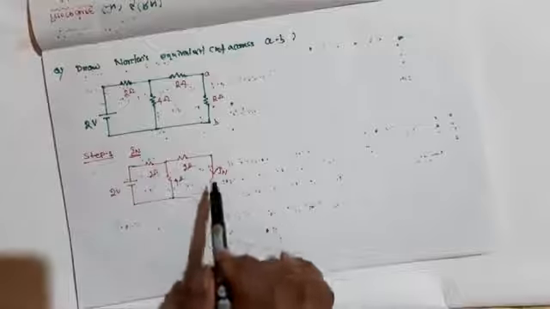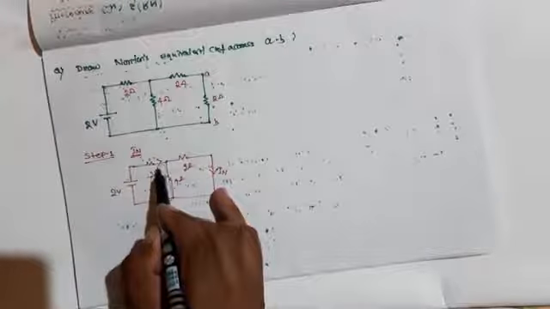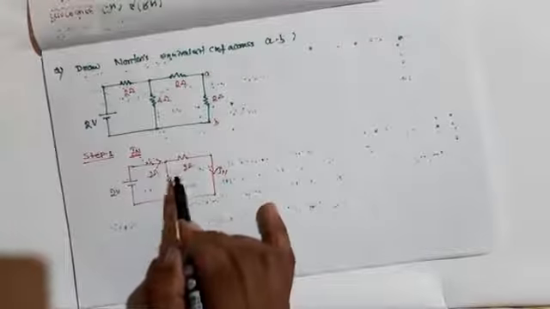This is 2 ohm, this is 4 ohm, this is 2 ohm, and this is 2 volt. You need to find this current. Before finding this current, we need to find the total current, then we apply current division. For the total current, we need the total resistance.